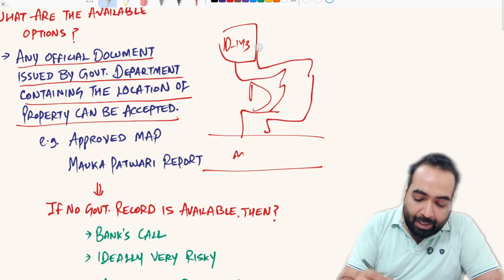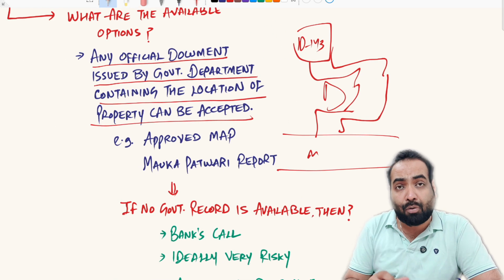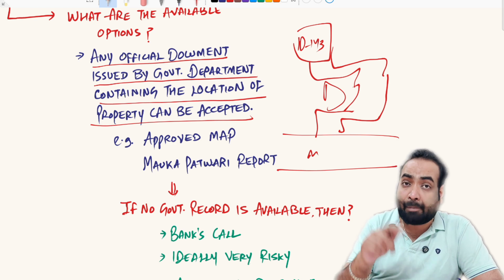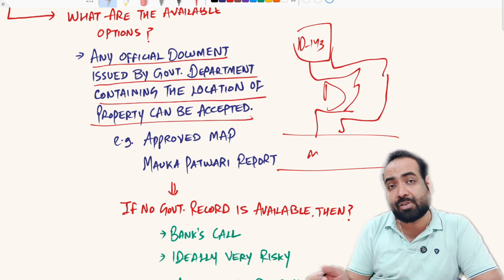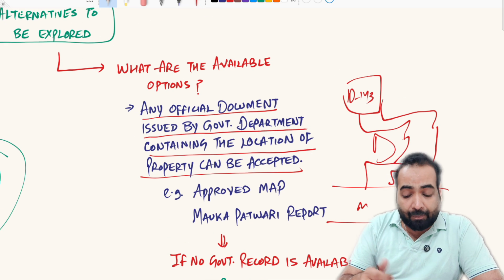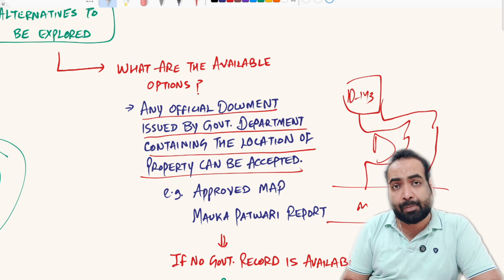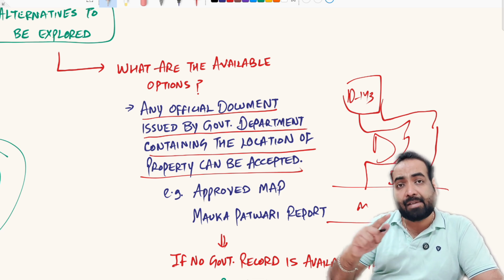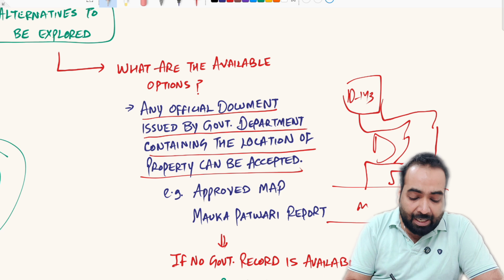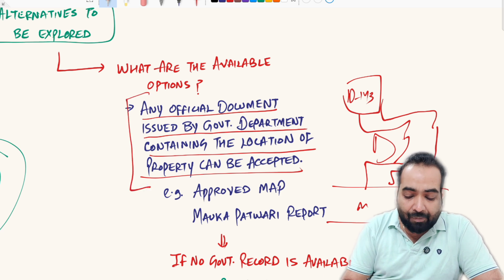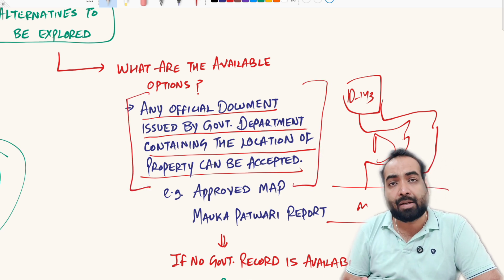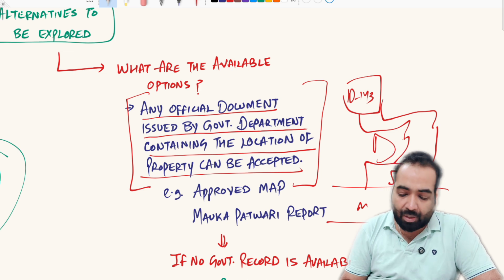If that is properly defined in the government document, then only you can accept that document as the identification proof. So why do we accept the government department proof? So that when the case is filed in the court, we can show the judge that we have relied on the government issued document for this property, right?